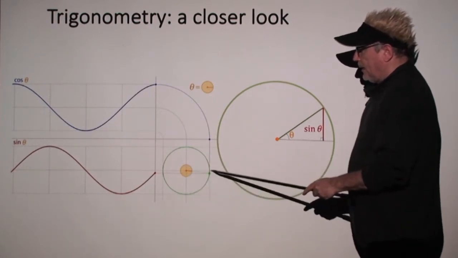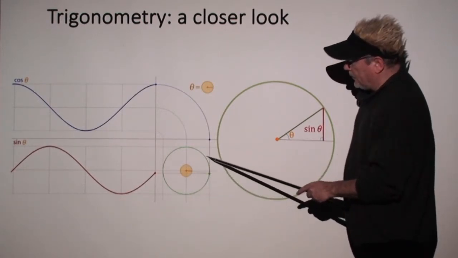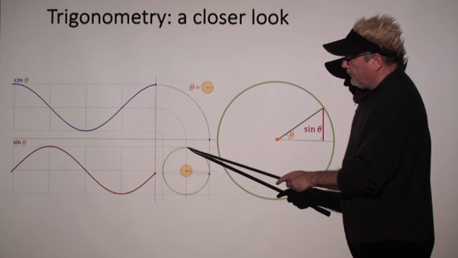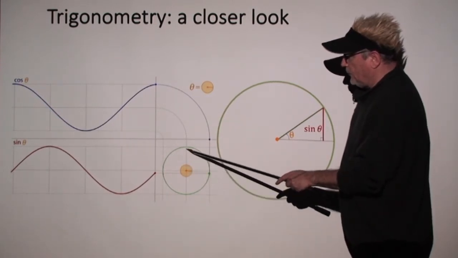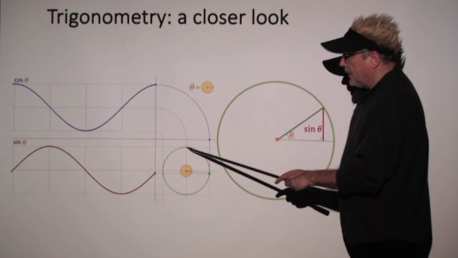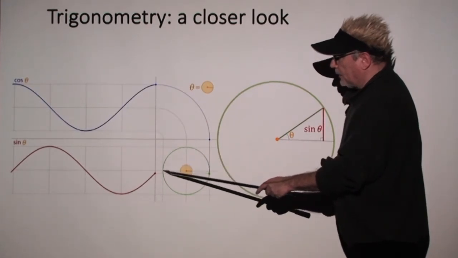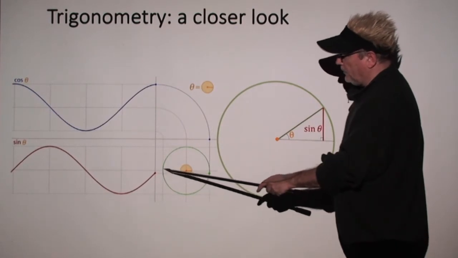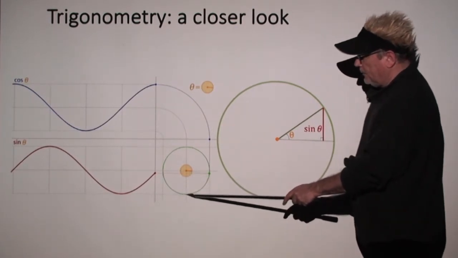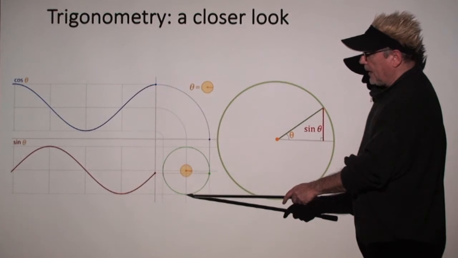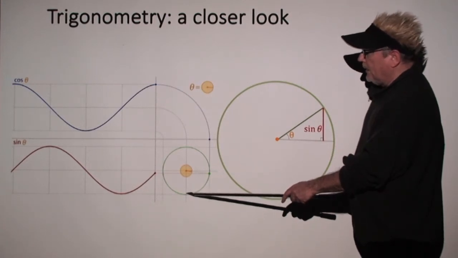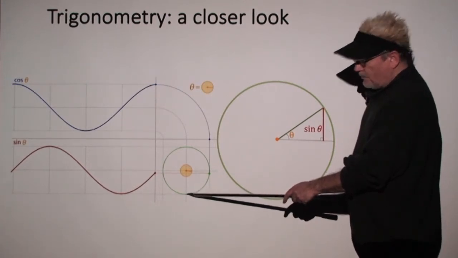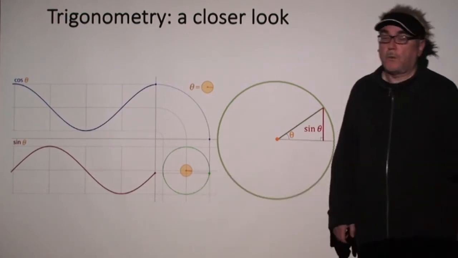When the angle reaches pi over 2, the sine will be equal to 1. If the angle is equal to pi, the sine will be equal to 0. And then we'll go down here. If the angle is 3 pi over 2, then it will become -1 and finally go back to 0.